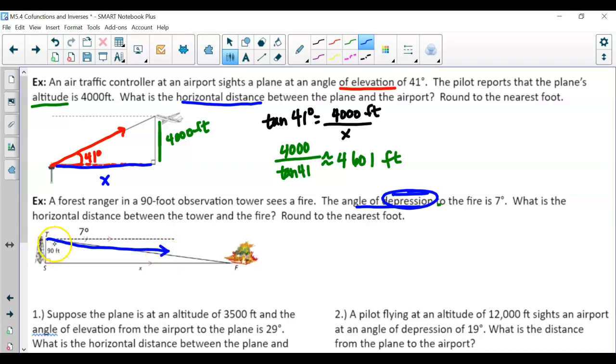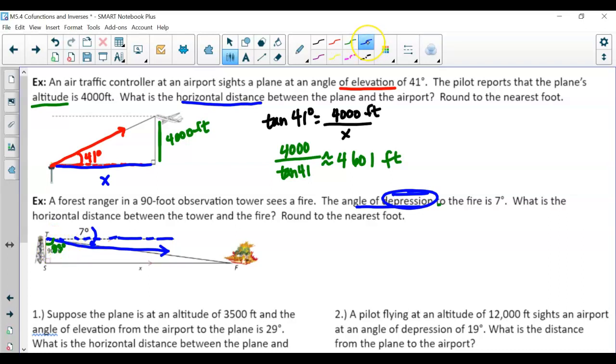Now keep in mind, that's not 7 degrees. It's from the line of sight. So this section here is 7 degrees. That means if that angle of depression is 7 degrees, if I wanted to know then what this angle here is, well, that's just another 90 degrees. So that's why this angle here is 83 degrees.